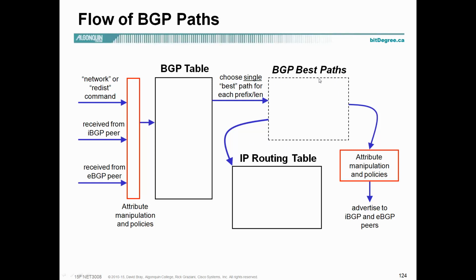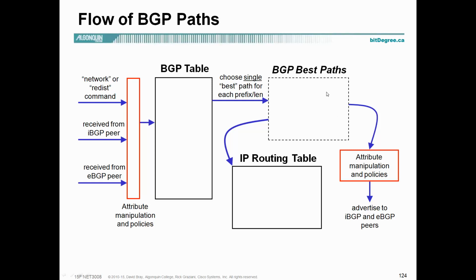That's because this isn't really a table unto itself, but really it's a subset of the full BGP table. But I show it here like this because it's really from the best paths that the IP routing table might be chosen. I say might be because obviously just because it's a BGP best path doesn't guarantee it'll go in here.